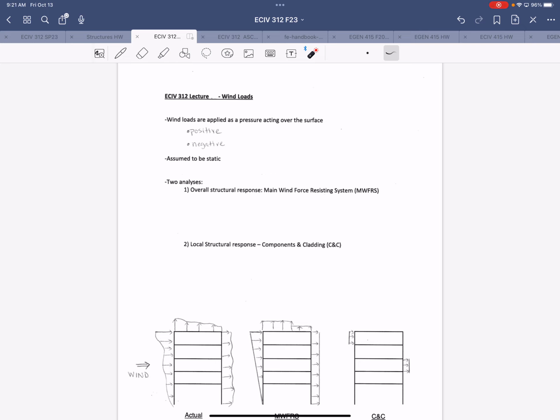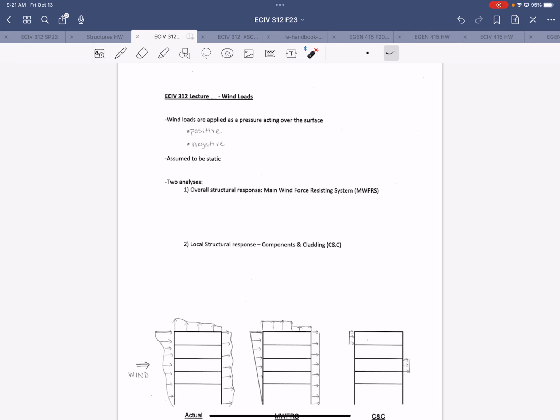So wind loads. The wind load lectures will be starting off with these skeleton notes, and then shifting to, once we finish these, which won't be today, we'll finish these skeleton notes on Monday.